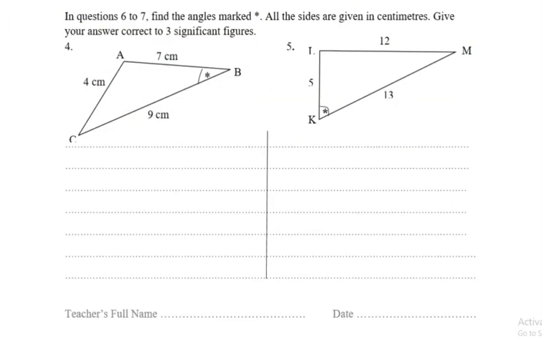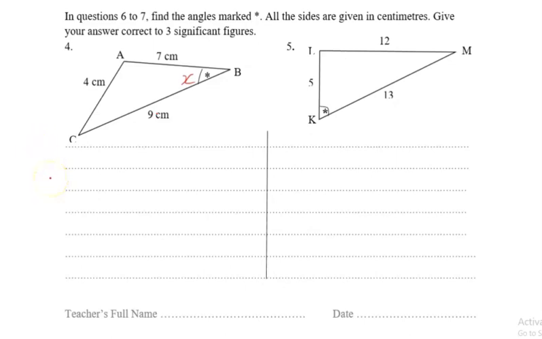Question 4. In this question, we're going to be using cosine rule to work out a missing angle. The missing angle here is marked with an asterisk, so let's replace the asterisk with an X. If you look at the examples, you're given a rearrangement of the initial formula, and this rearrangement makes the angle the subject.